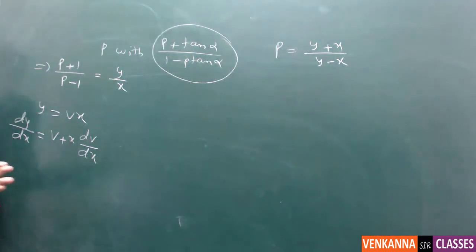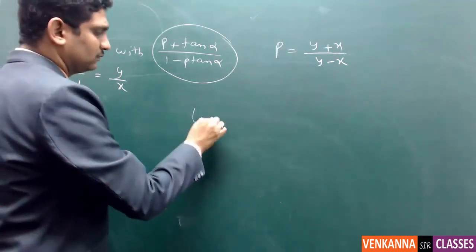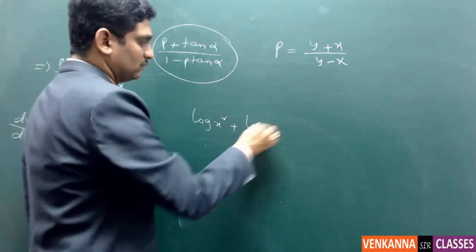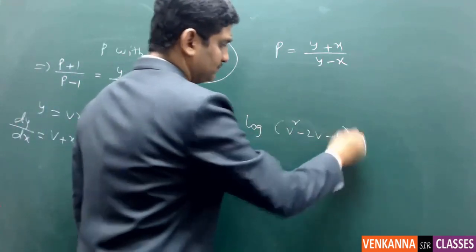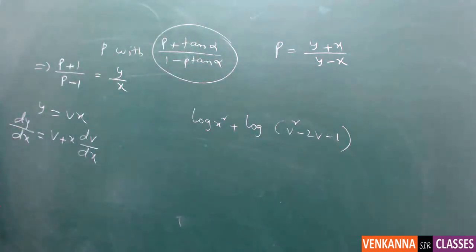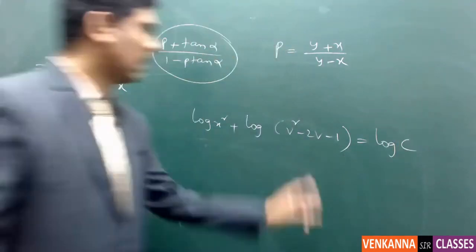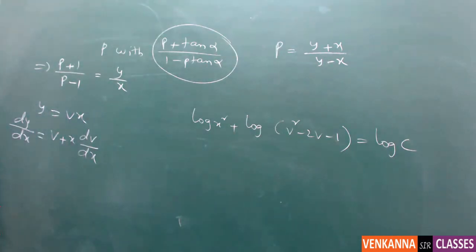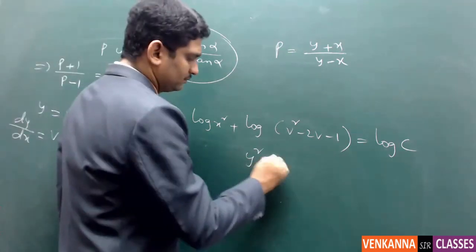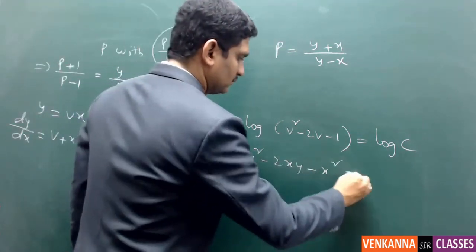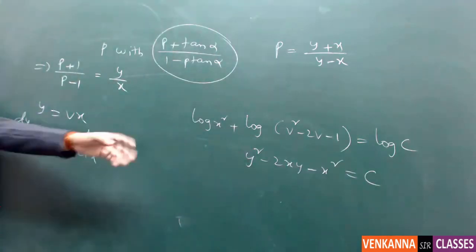Simplification as per your convenience. Just the answer. I will say that log x square plus log of v square minus 2v minus 1 is equal to log c. And you are going to substitute the v value. So the final answer will come like this, after doing simplification.